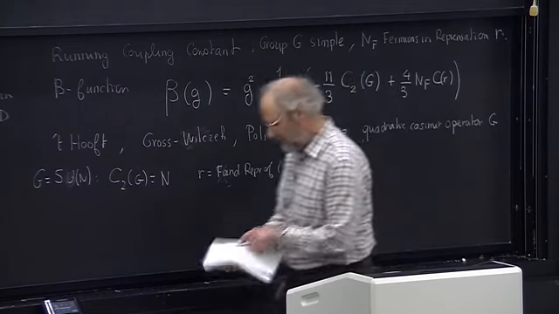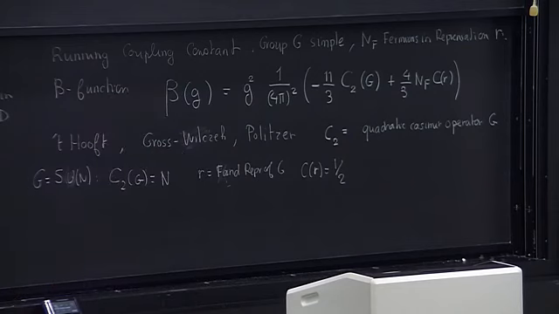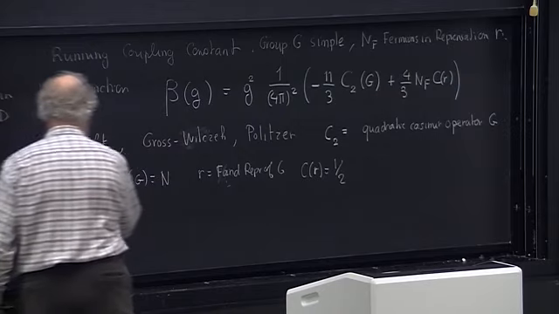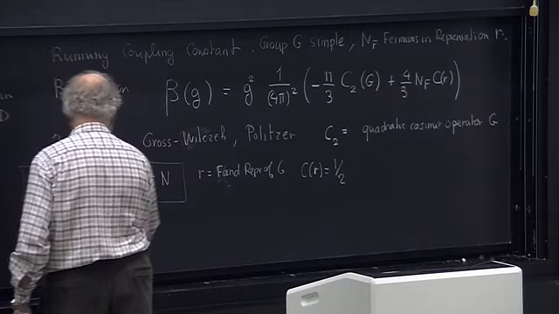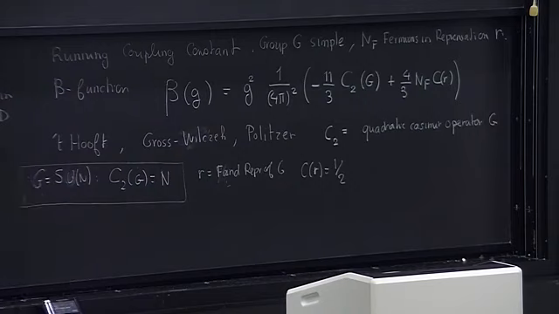Okay, this comes out from some group representation theory. So in particular for SU2, this is going to be 2. SU3 is going to be 3.